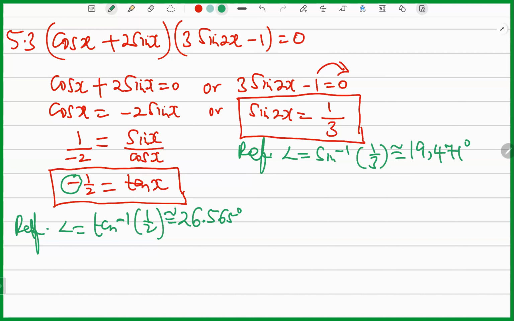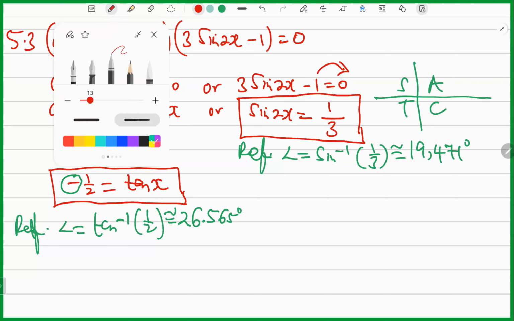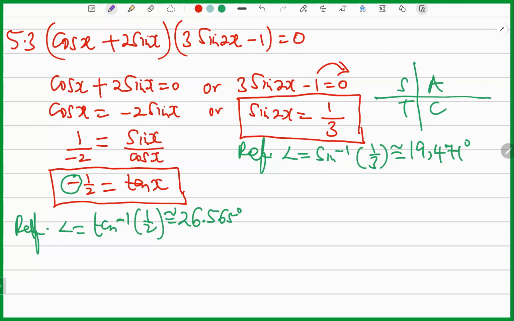Now, we're interested in the general solution. So the general solution has the following things. We put the CAST diagram like this. The sine is positive. In which quadrant is the sine positive?